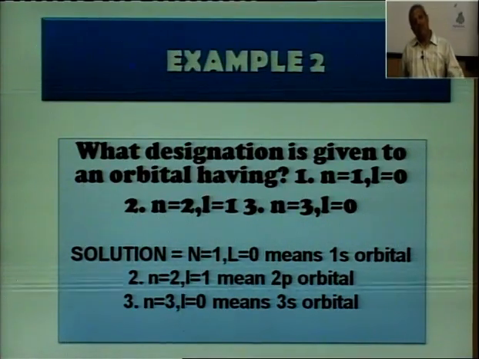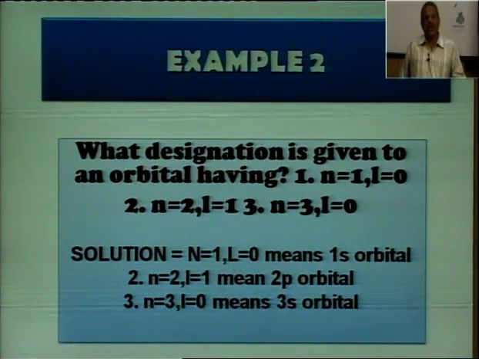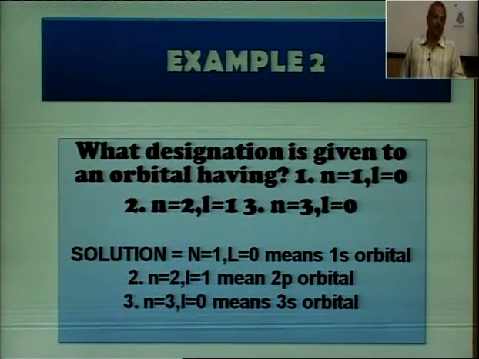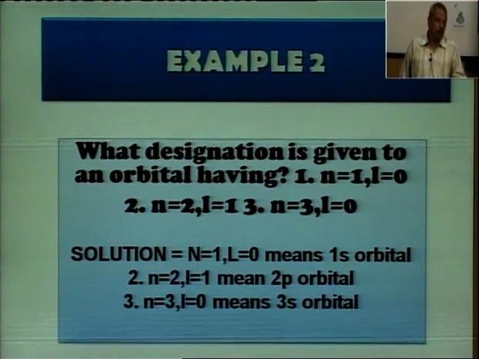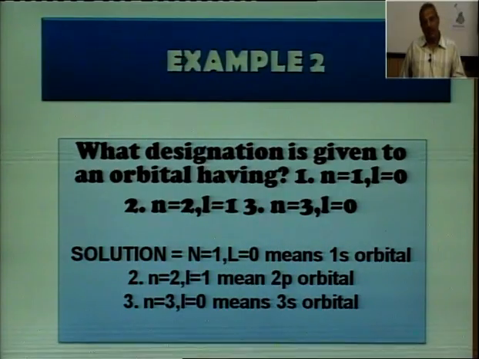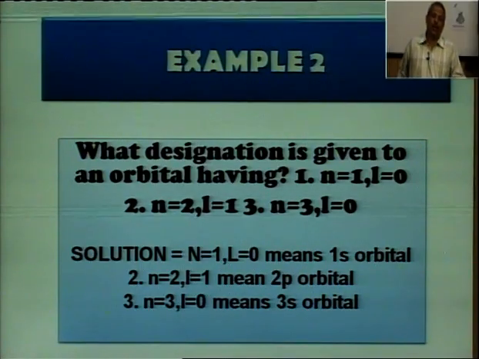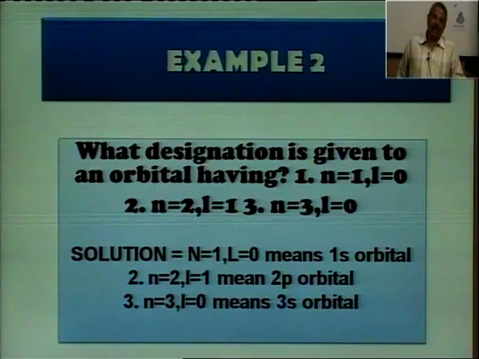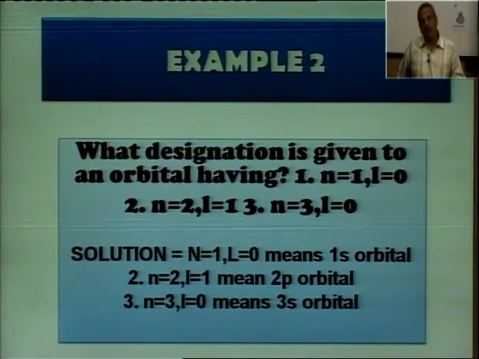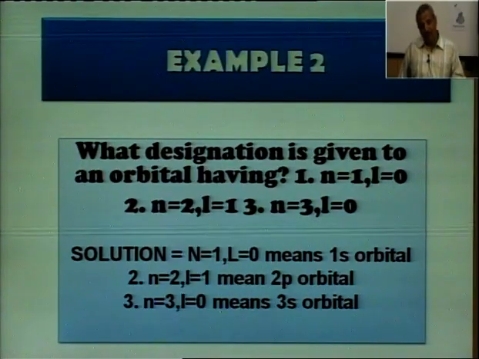Similarly, the third example is that n is equal to 3 and L is equal to 0. So the electron is present in the third energy level, in the 3s orbital. If L is 1, then the electron is revolving in the 3p orbital.